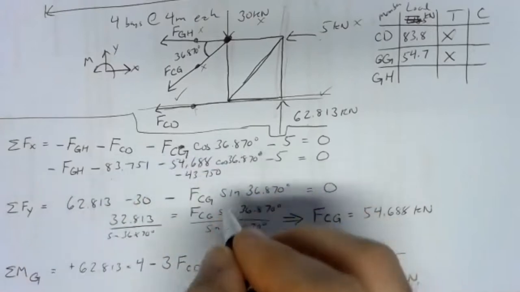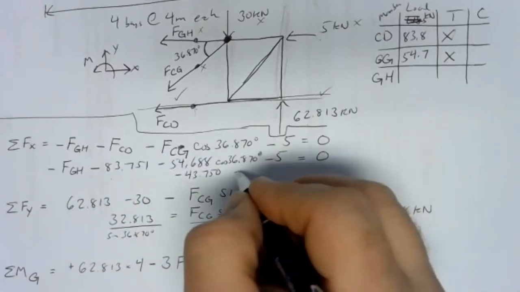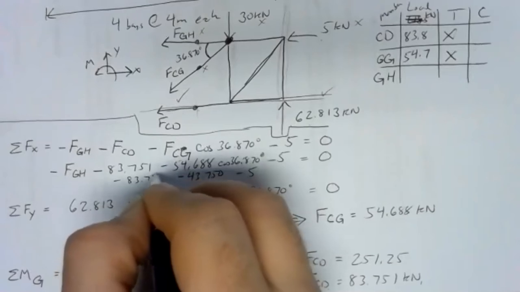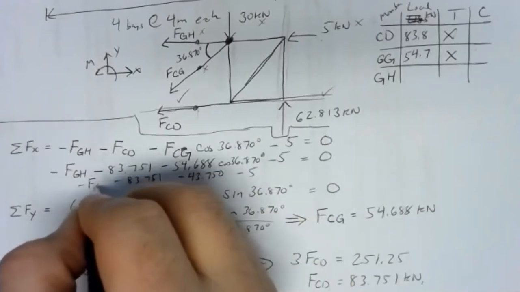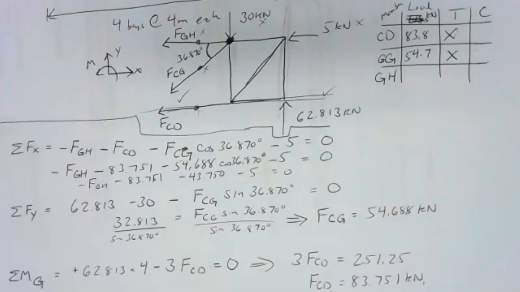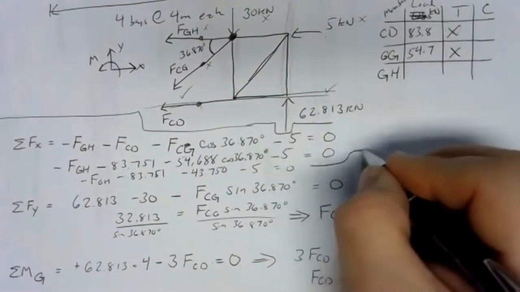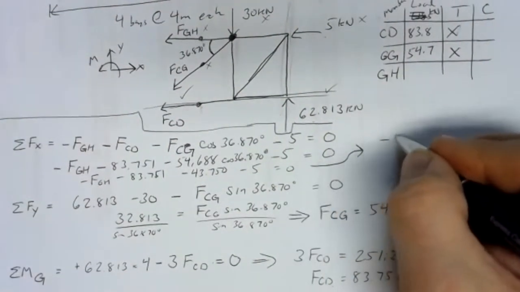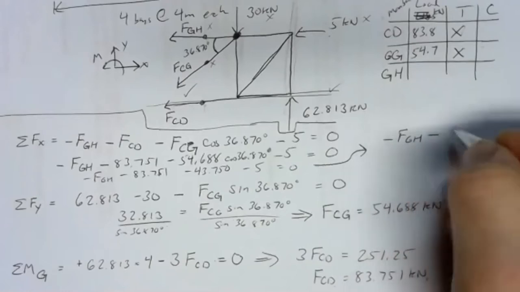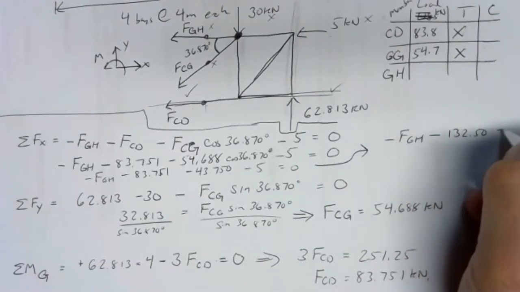Negative 83.751, and then minus 5. And minus FGH. So minus the 5. It looks like, draw that out over here, negative FGH minus 132.50 equals 0.